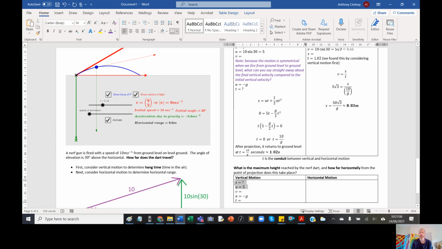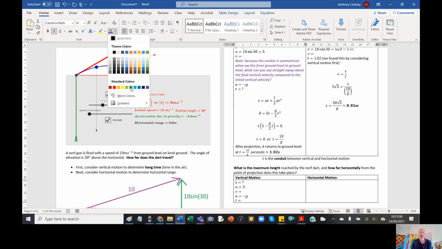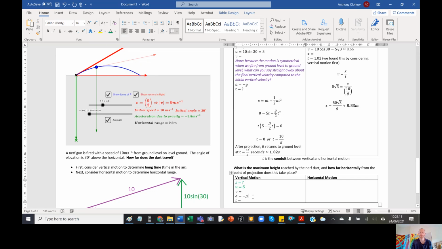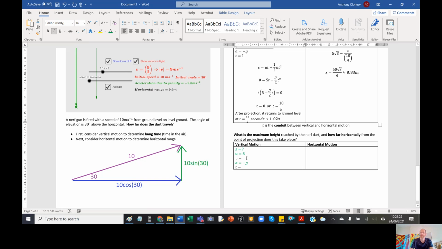Well, there are a couple of things you might think about here. For a start, the time it takes is actually something that, although we've not worked it out directly, we've worked out something which we could use. The motion is symmetrical. Notice what I said here about symmetrical motion in order to help us figure out how fast the thing might be going at the end. Well, a similar thing applies here.